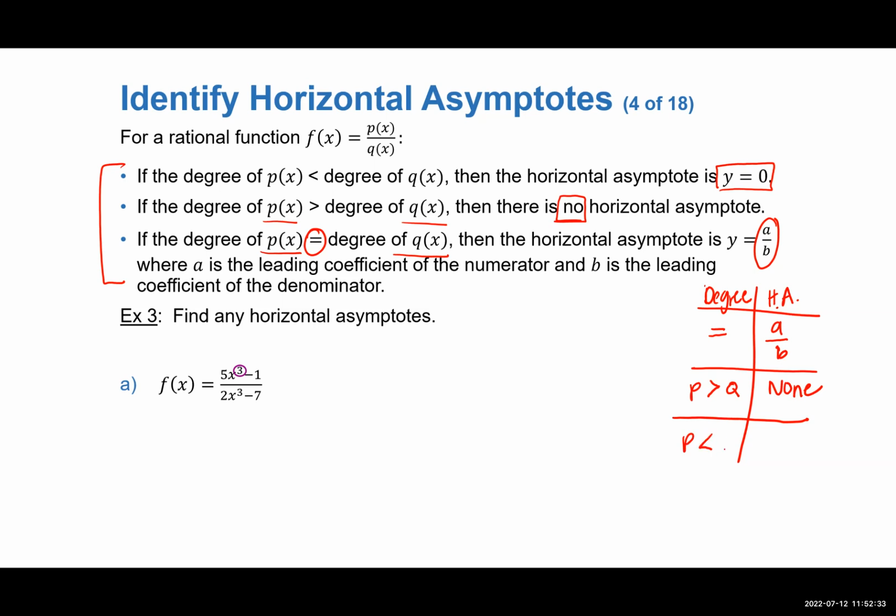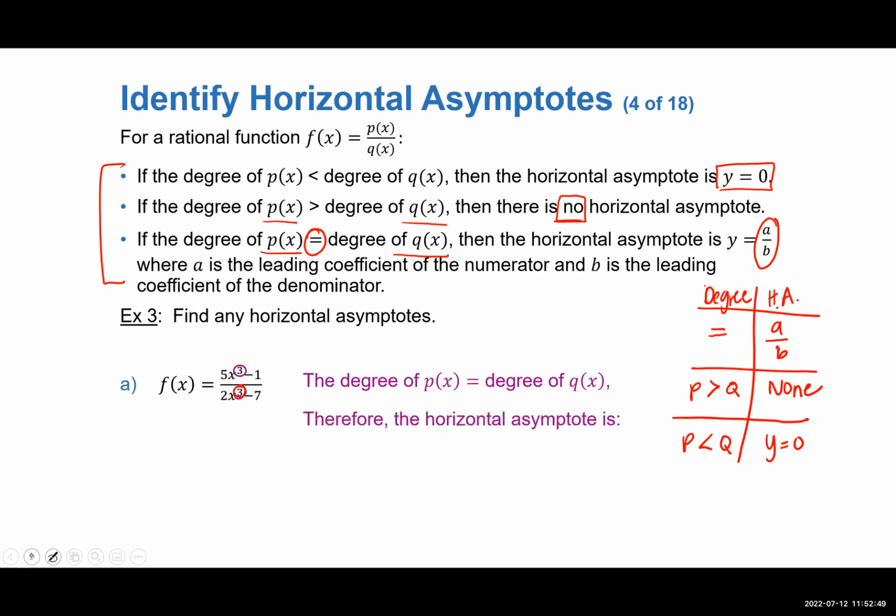If the top is less than the bottom, then it's 0. So in this case, we have a degree of 3 in the top and the bottom. So the horizontal asymptote is going to be 5/2, the leading coefficients, 5 and 2.